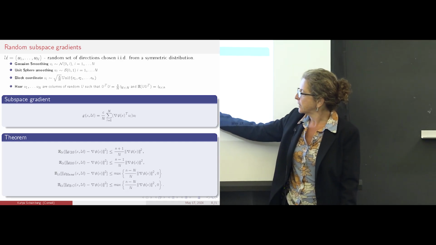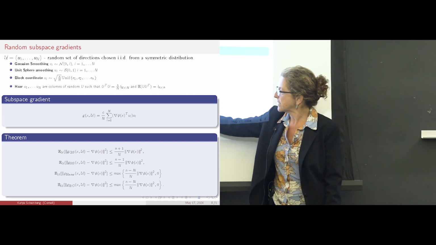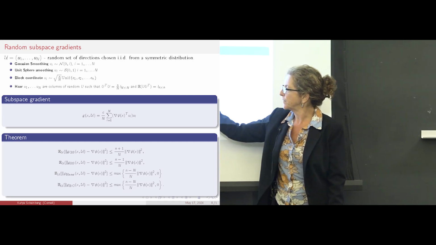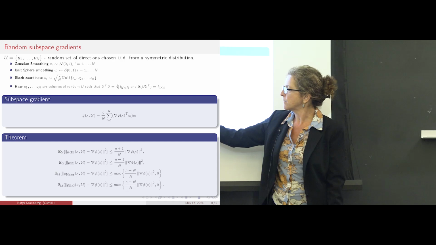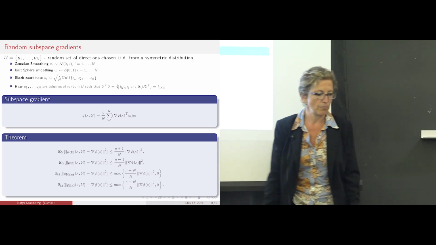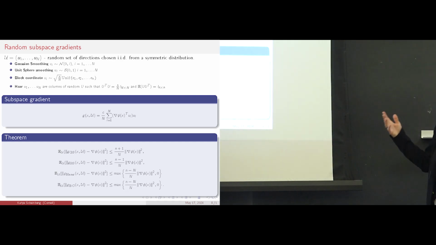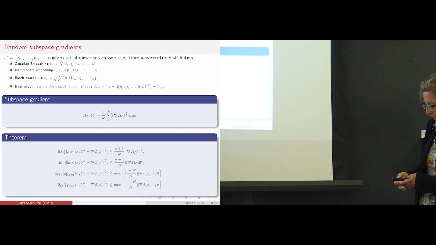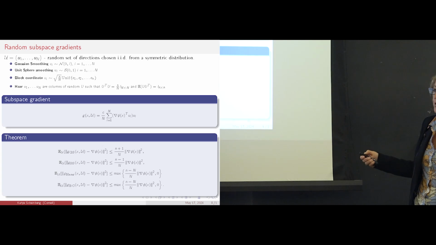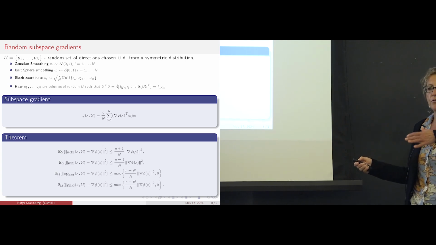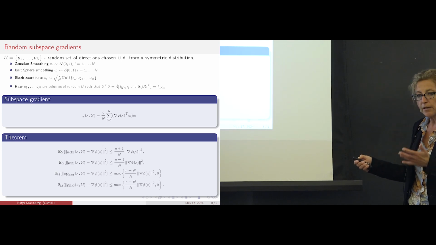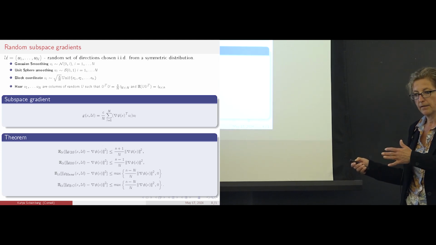This is different. It is basically going to become 0 as soon as big N becomes little n. Why is this? Well, because if the directions are orthogonal, then what I have here is really a projection of the gradient onto the random subspace. If the directions are not orthogonal, then it's not a projection.